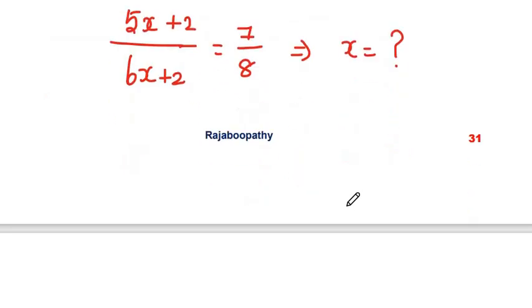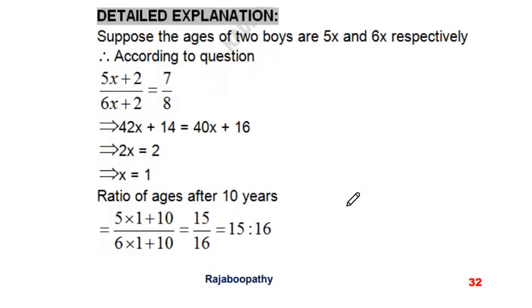So what is the answer? So the ratio after 10 years, therefore the answer is 15:16.